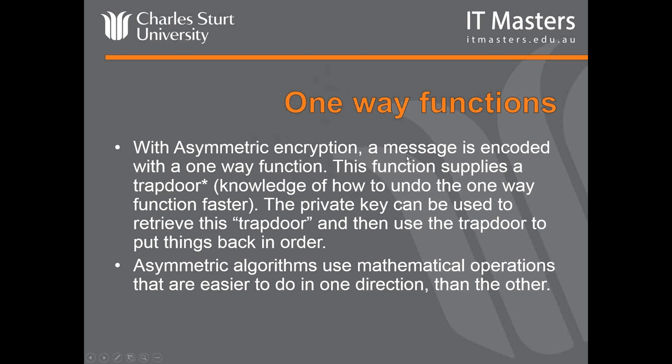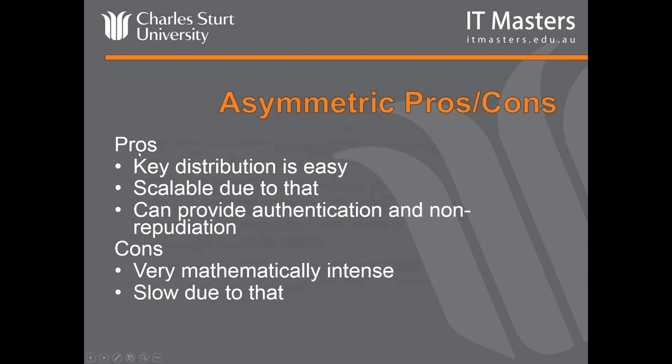Asymmetric encryption: a message is encoded with a one-way function. We have a trapdoor, a way to undo it faster, and that's our private key. That's how they're shared. So the pros: key distribution is easy and scalable because of that, and we can use this to authenticate people, because we never give out our private key. If you have the private key, then we know that it must have been you.